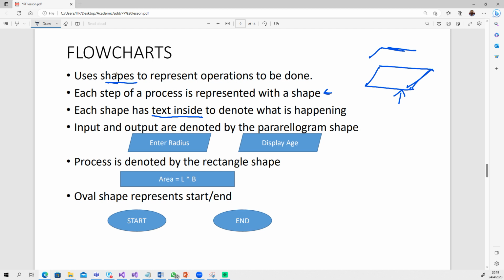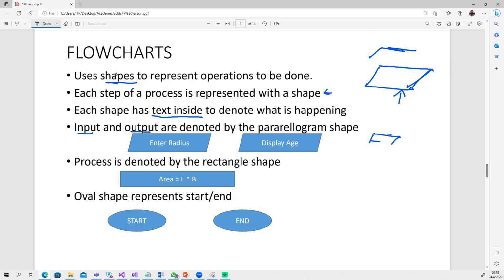It could be either input or output. Input and output both use the same shape, that is the parallelogram. It's like a rectangle, but with slanting edges.